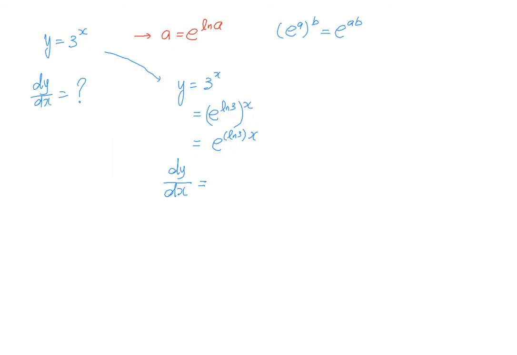Why do I need to bring the ln 3x down? Because e to the power of ln is 1. Do you guys bring the 3 down? How do you differentiate an exponential term?